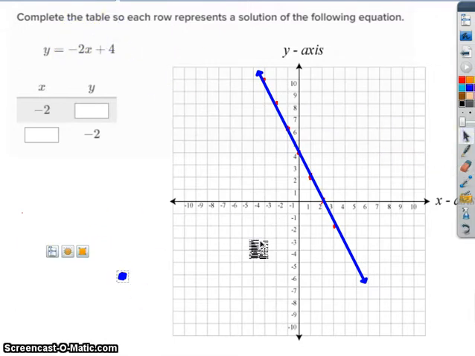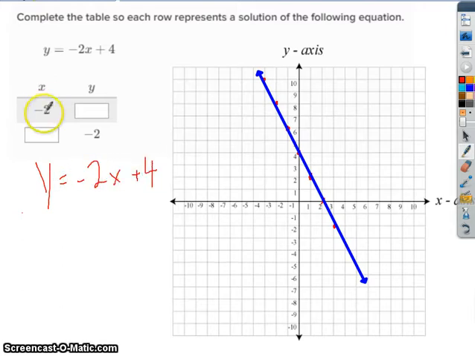Now we're going to use the new method, which is to use algebra to figure out what the table is going to be. Step 1 is to write the equation y equals -2 times x plus 4, and then replace x with something. In this table, I know that x is -2, so I'm replacing x with -2.